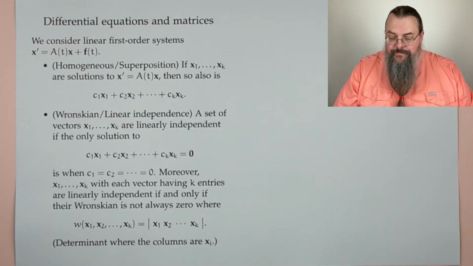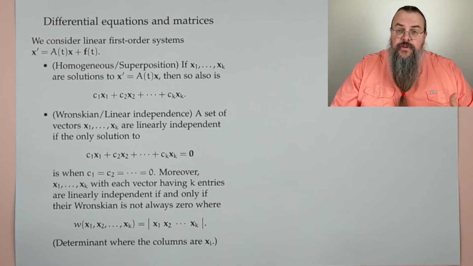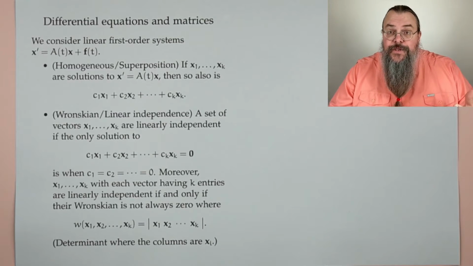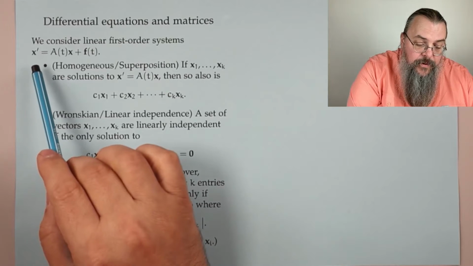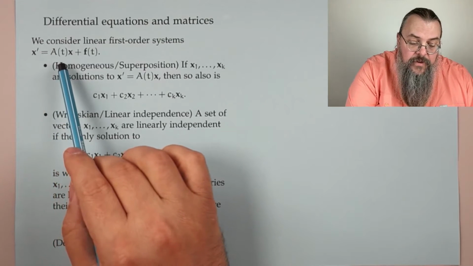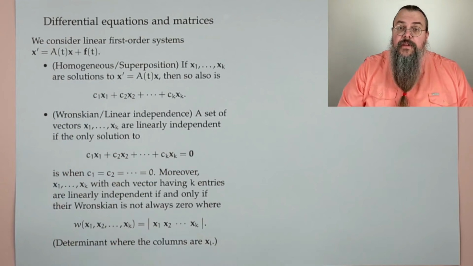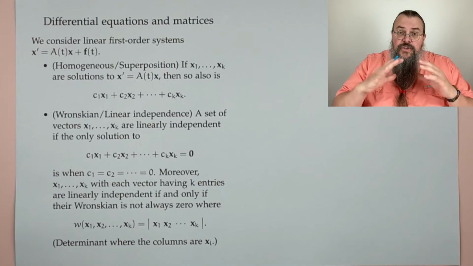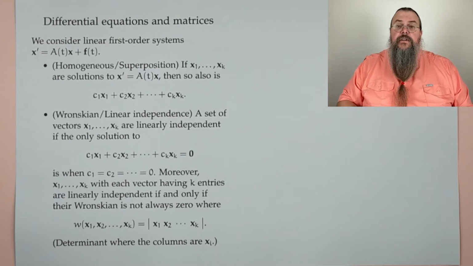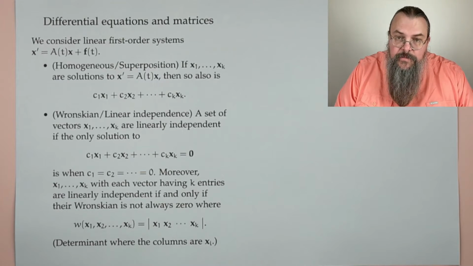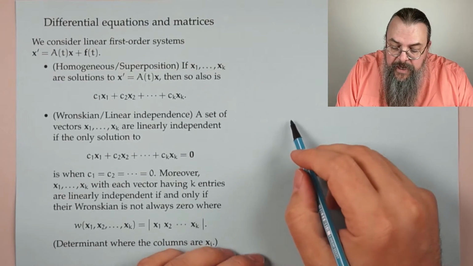So let's get going. We're in the situation where we're dealing with differential equations and matrices. Namely, if we have something in the form x prime equals A of t x plus f of t. Now this is shorthand. What we're doing is putting the equations in our system together in a compact manner.